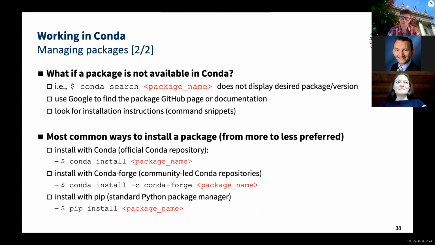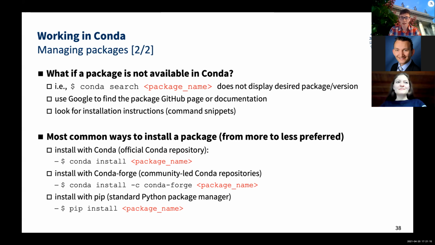In that case, the first thing you should do is to Google the package GitHub page, find the documentation link, and then look for installation instructions. Most frequently, the installation instructions come in the form of command snippets, short blocks of code that tell you what kind of command you can type in the command line or in Python in order to install the package.